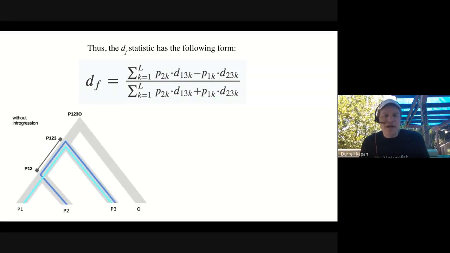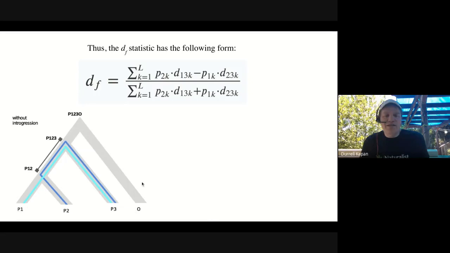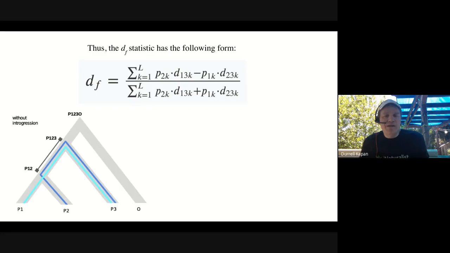So without introgression, we have the 3 taxa of interest plus the outgroup. We get essentially 2 measurements we're trying to compare. The first one is the light blue line between 1 and 3, and the second one is the dark blue line between 2 and 3.